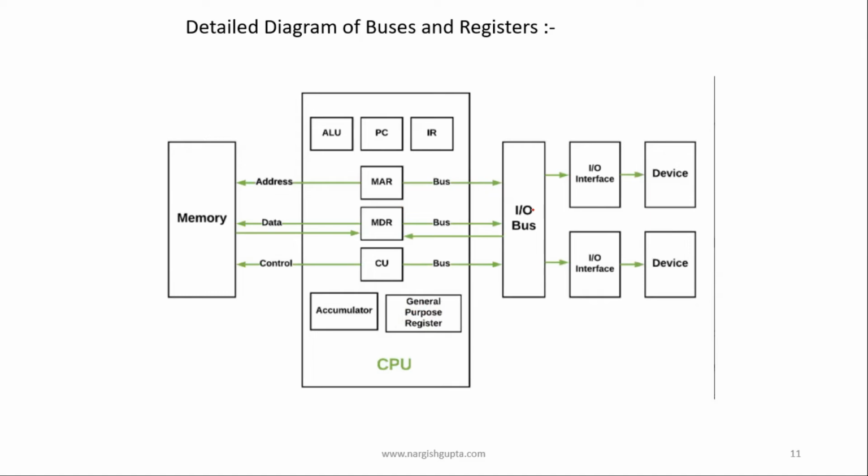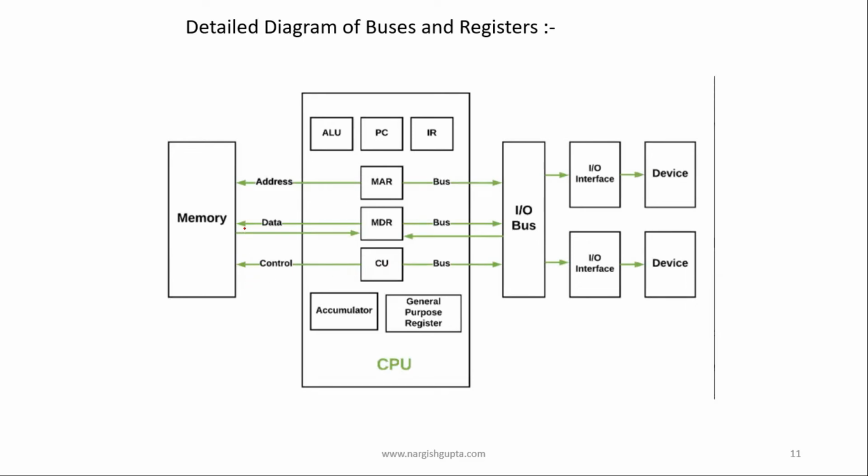Then here we can see that we have input output bus, which is connecting the input output devices via interface. And on this side we can see that the memory is getting connected with the CPU. As we discussed the types of buses, these are the three types of buses which are directly connected to the memory. Whenever the control unit has to send any control signal, it will use the control bus.